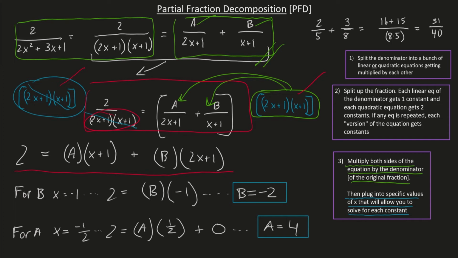You can plug in any value of x that you want, but we noticed that if we wanted to solve for b, we had to eliminate a. And how do we eliminate a? By plugging in -1 into this guy, and vice versa for a. If we wanted to solve for a, we had to eliminate b, which means the correct value to plug in was -1/2. And that's what we did here. And that enabled us to find b and a. So that's step 3.